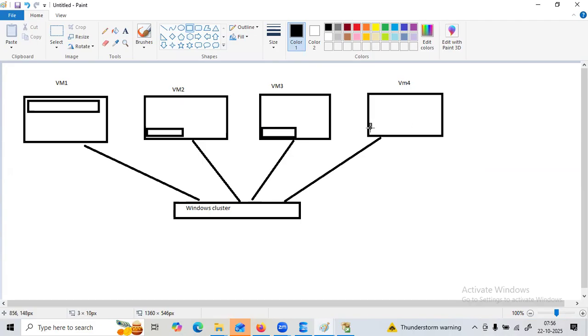Why? Because I want these four computers to participate in the Windows cluster. I install one SQL server in one VM, and on the remaining computers I do add node. If you want, you can go for two nodes. But here, I'm thinking that if this computer also goes wrong, I can use another VM, and if both are gone, I can use other VMs.